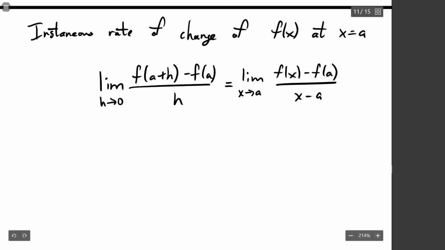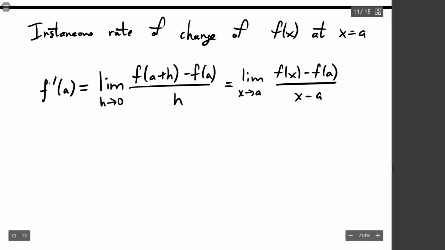Either one of these, we're going to get the same answer, right? The same instantaneous rate of change at x equals a. And the notation that we're going to use for this is f prime of a.